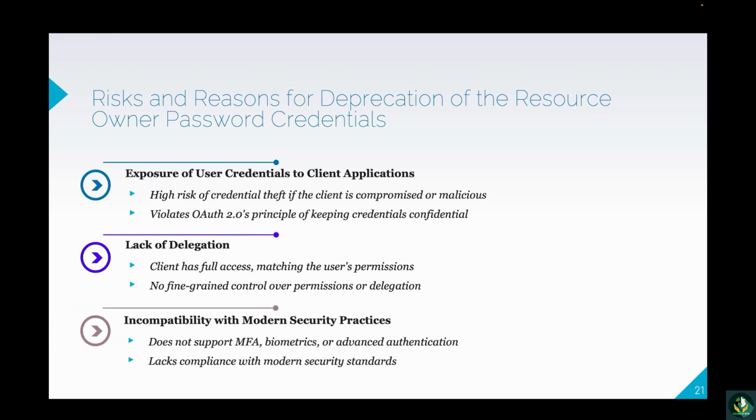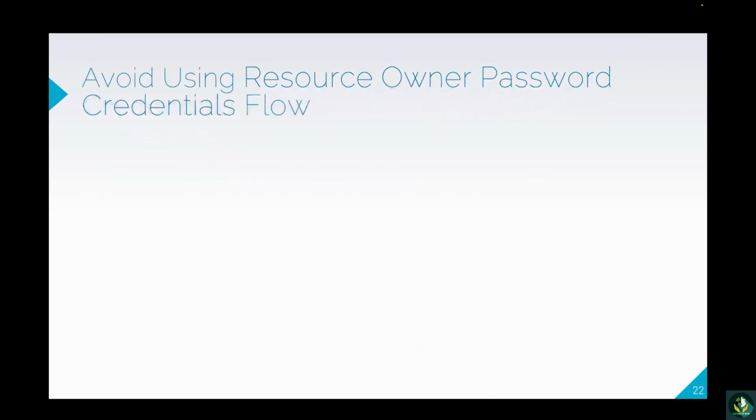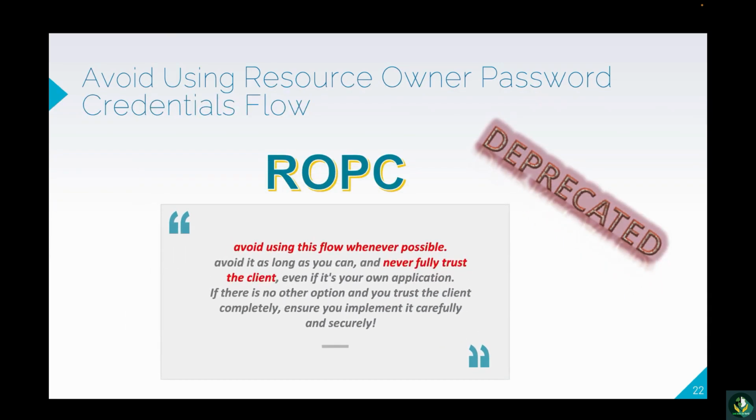Finally, this flow doesn't support modern security practices, like multi-factor authentication or advanced authentication, leading to non-compliance with current standards. To wrap up, avoid using this flow whenever possible. Avoid it as long as you can, and never fully trust the client, even if it is your own application. If there is no other option and you trust the client completely, ensure you implement it carefully and securely.